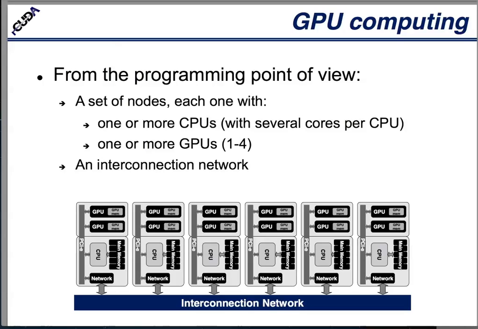The most important thing from the programming point of view is that GPUs and CPUs don't share memory. The GPU has its own memory space and the CPU has its own, and they must be connected via the interconnection bus, the PCI Express. Normally the interconnection network, as Professor Peña has said, is InfiniBand for high-performance clusters.